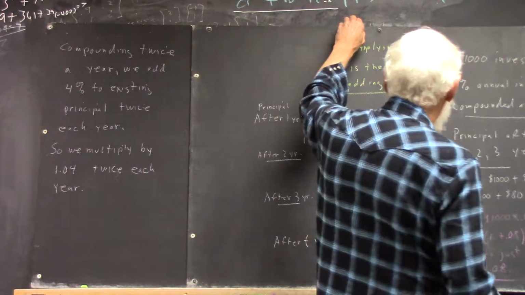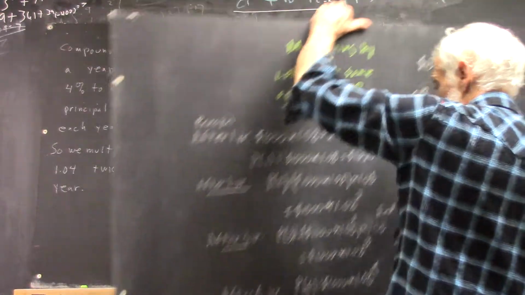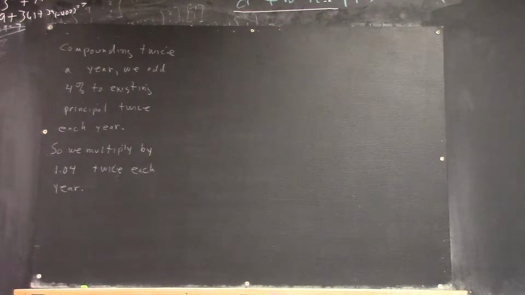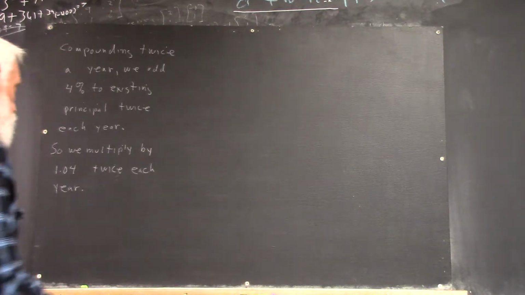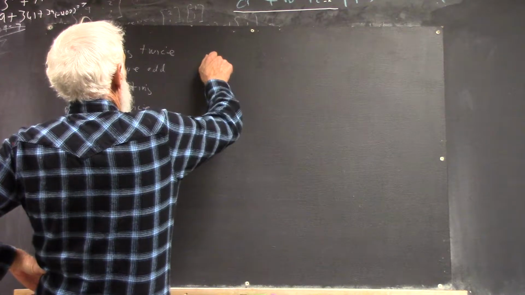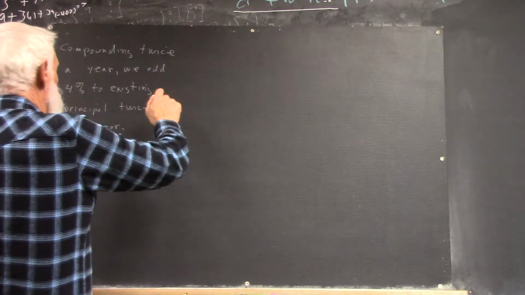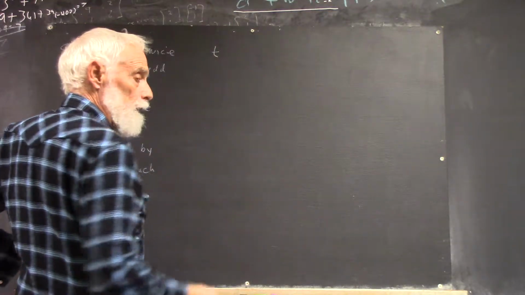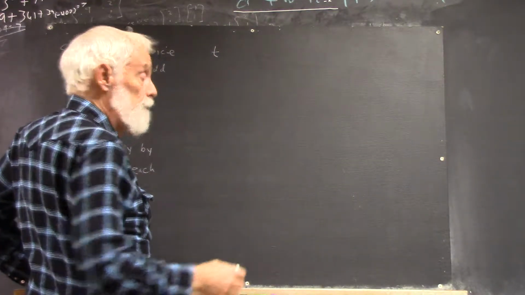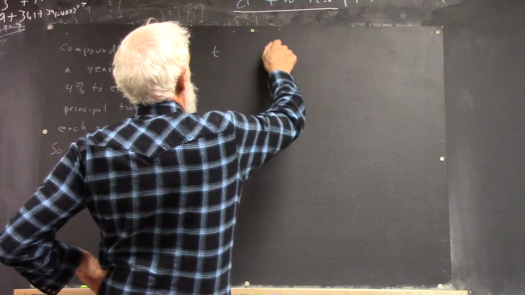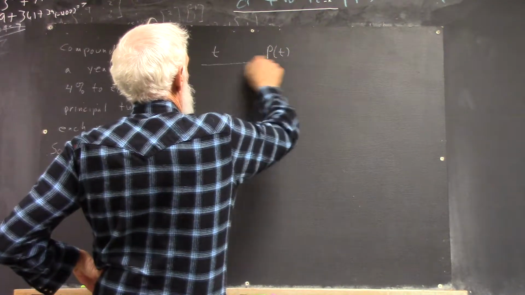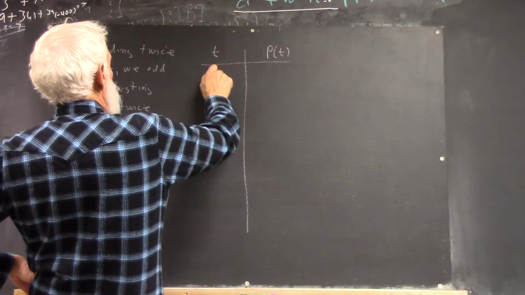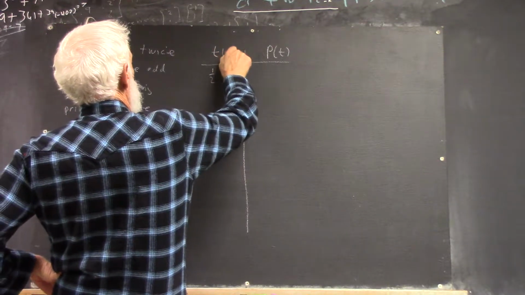So that after the first half of a year, I'm going to make a table here. I've got T, and I've got P of T. T's in years.